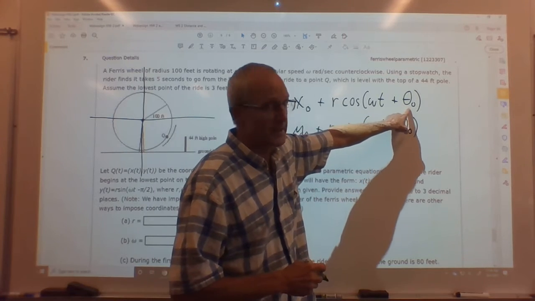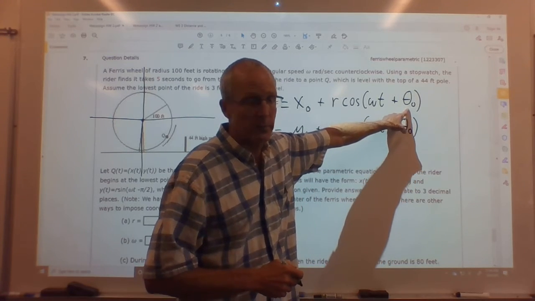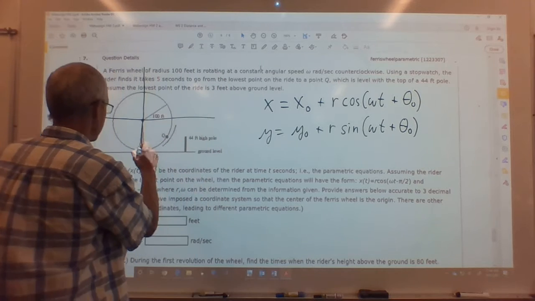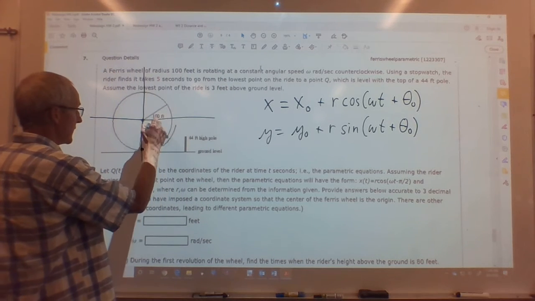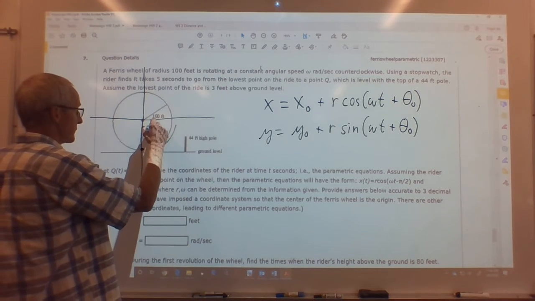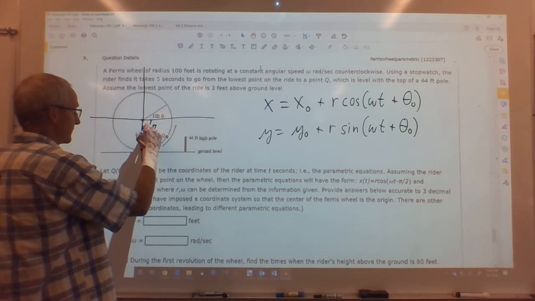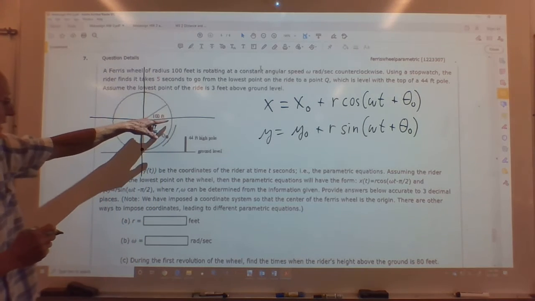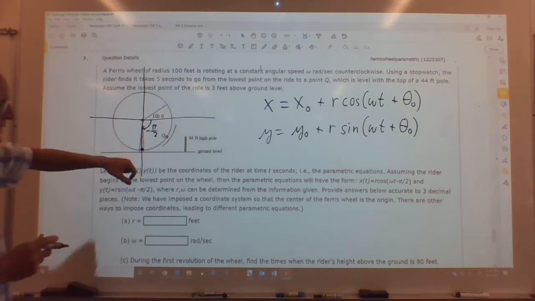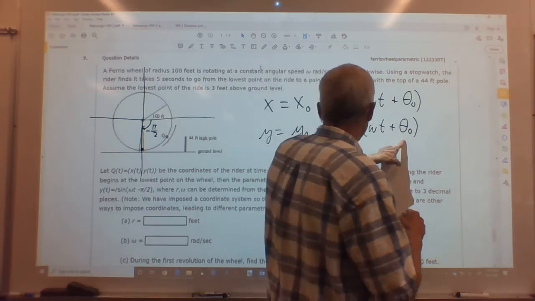They tell you theta 0 is minus pi over 2, which makes sense because you're starting right there. Negative pi over 2, right? This is pi over 2 in the negative direction. You always start right here. You go negative pi over 2, so it makes sense theta 0 is negative pi over 2.